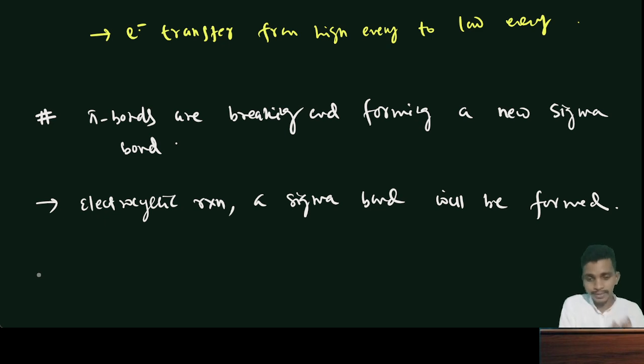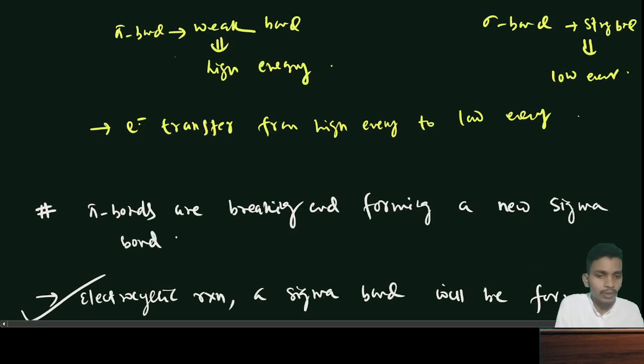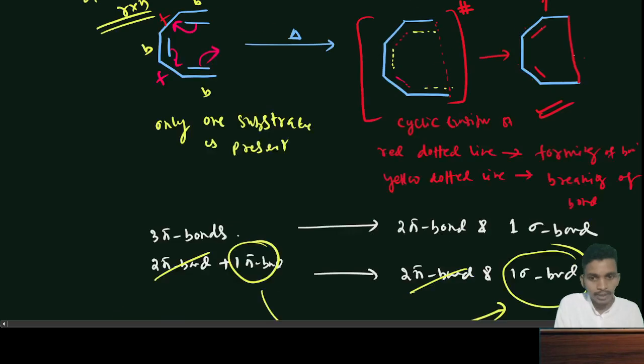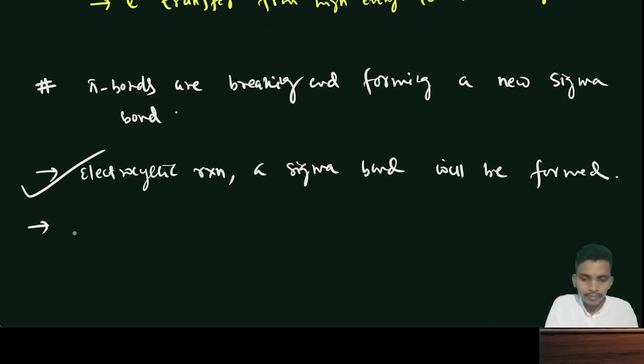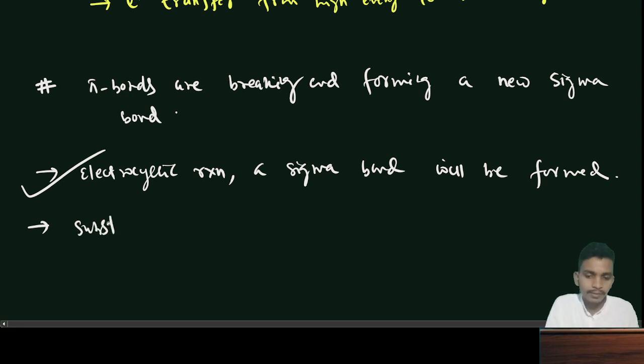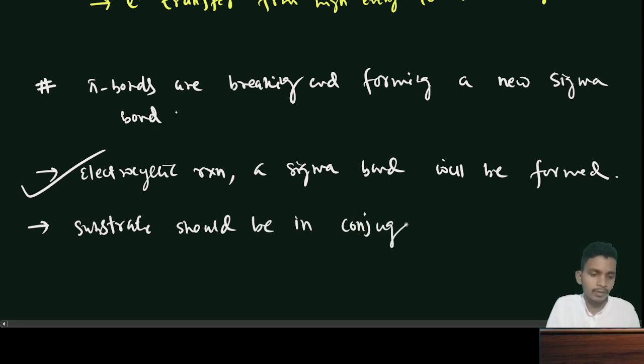Only one substrate is there, and here a sigma bond will form, and the substrate should be in conjugation. Like you see here, this is in conjugation. It means that the substrate should be in conjugation. Okay, only then will this electrocyclic reaction occur.